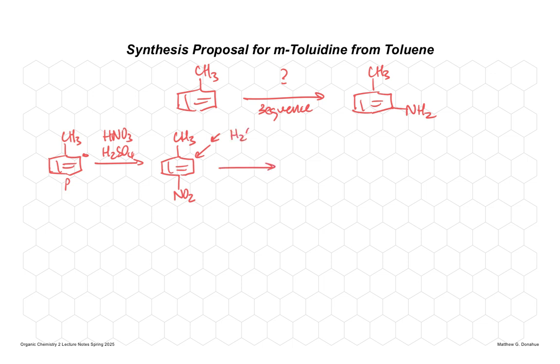And so we can use hydrogen, palladium on carbon, and methanol. So we have nitro, we're going to reduce it to the amino group. So the amino group will take predominance over directing.